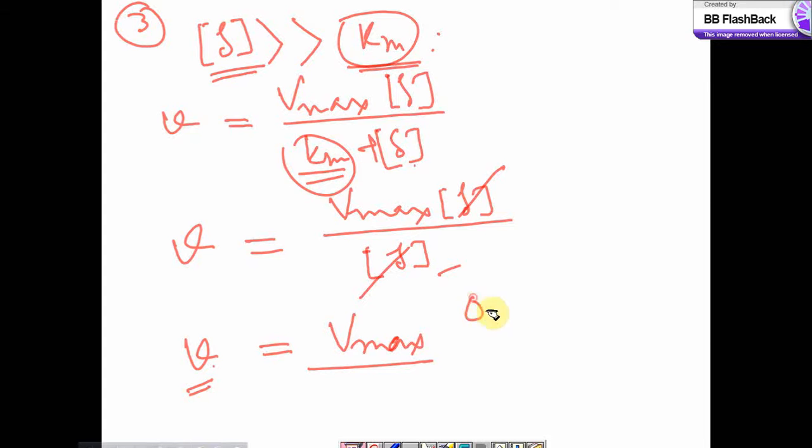This is called a zero order reaction, where you are not bothered about the concentration of the substrate anymore, and the reaction will take place on its own, not depending on the substrate concentration.